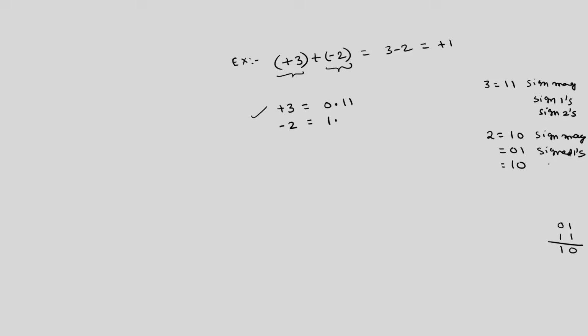So, 1 0 in signed 2s, because here we are going to perform this using signed 2s complement representation. So, we have to take signed 2s complement representation which is 1 0. Then this is addition only, because I have taken it along with these signs. So, the subtraction becomes addition. Okay.